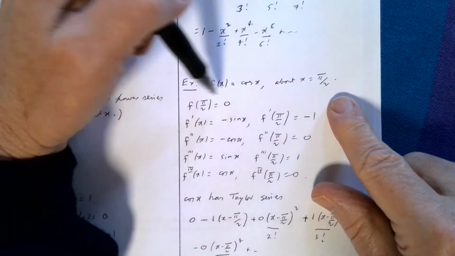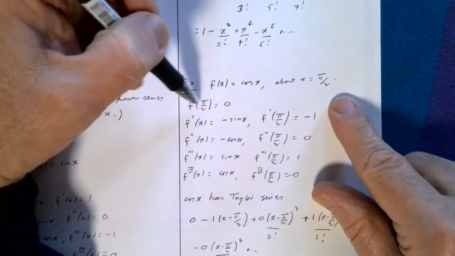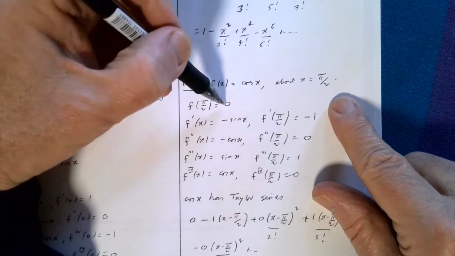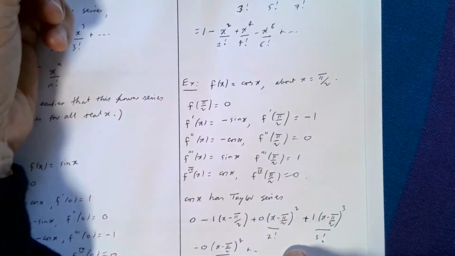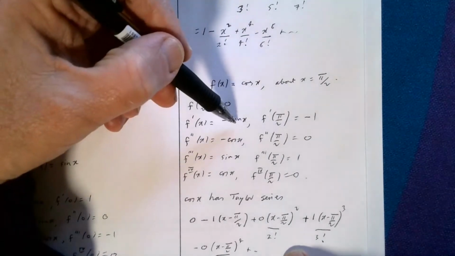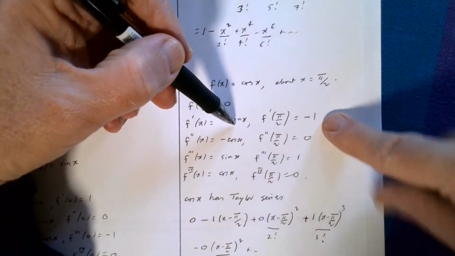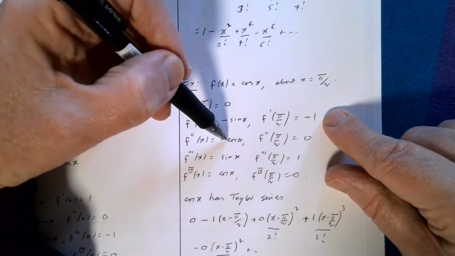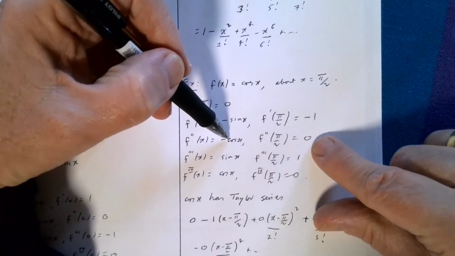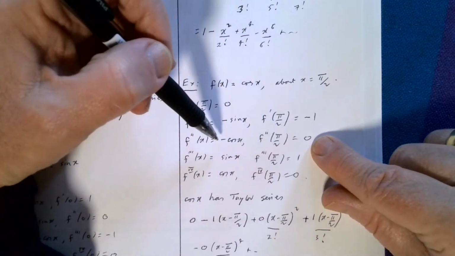Now again, we've got to work out the coefficients. So I put pi on 2 in, cos of 90 degrees is 0. I differentiate cos, you get minus sine. You plug in pi on 2, you get minus 1. You differentiate minus sine, you get minus cos. You plug in pi on 2, you get 0.